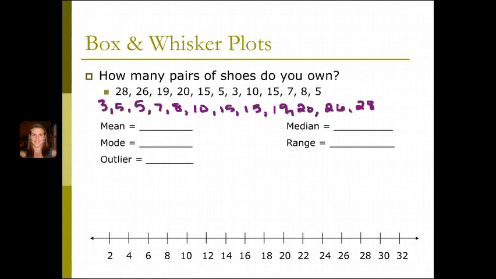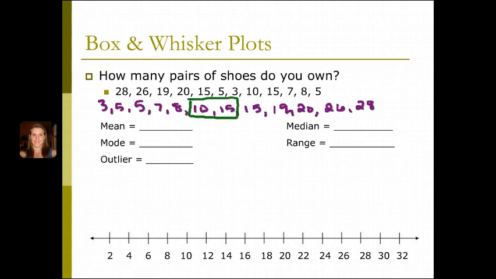Now we are able to find our median number, okay? Well, this time we have an even set of numbers. We've got 12 numbers. So what we're going to need to do is take the average of the middle 2 numbers.